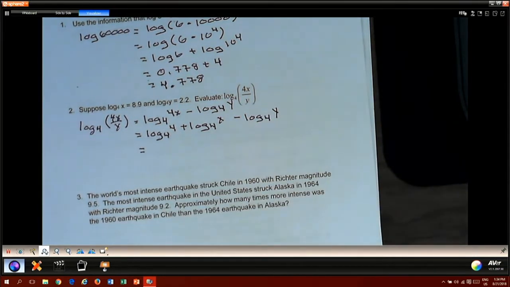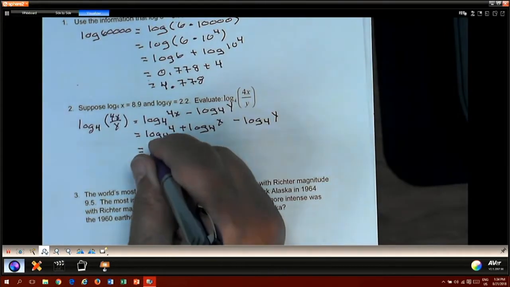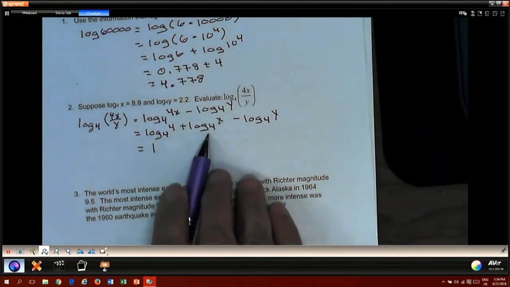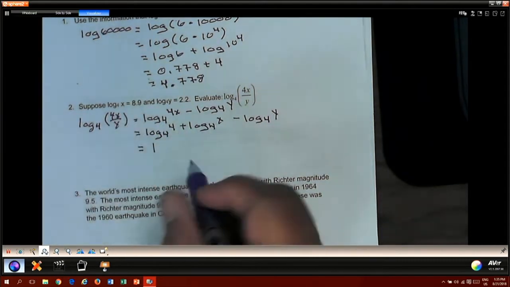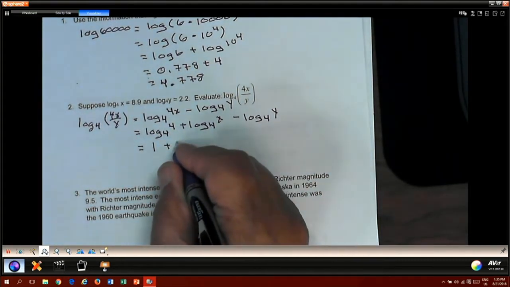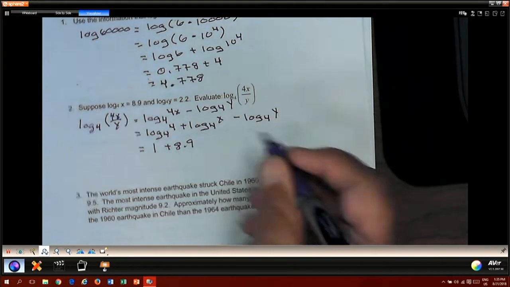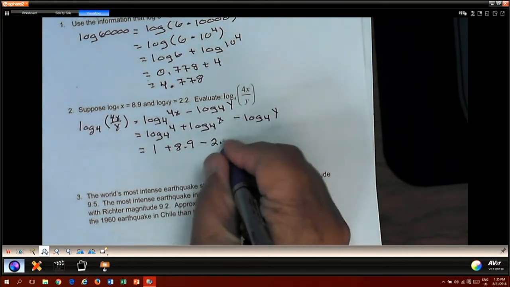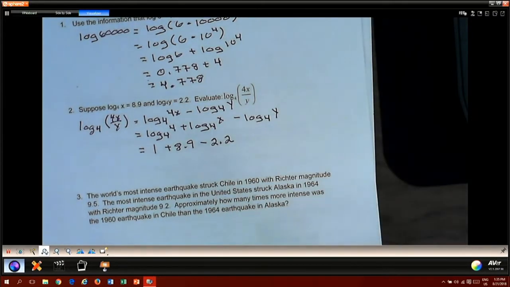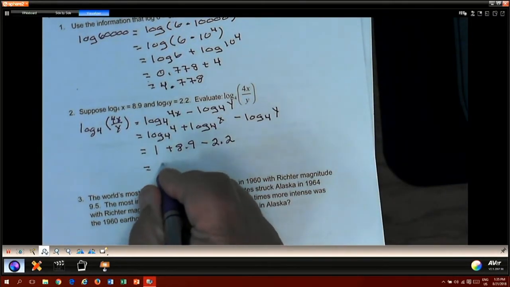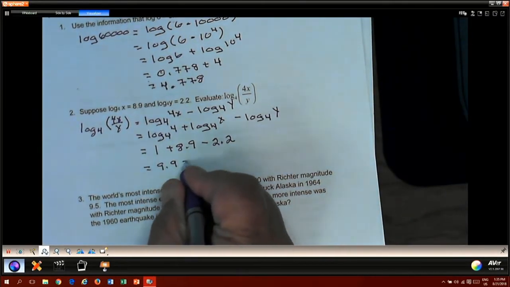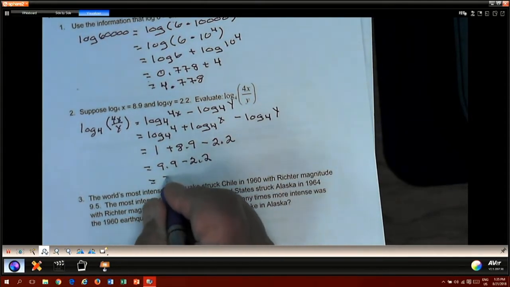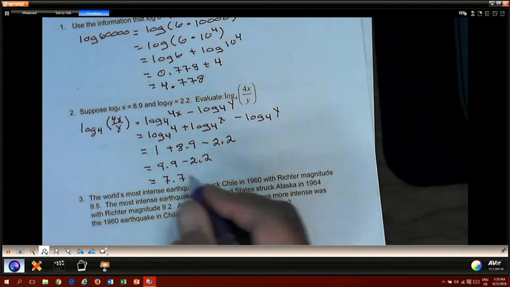Log base 4 of 4 is simply 1, because 4 to the first gives us 4. We're told the log base 4 of x is 8.9, and log base 4 of y is 2.2. So combining these, we have 9.9 minus 2.2, or 7.7.